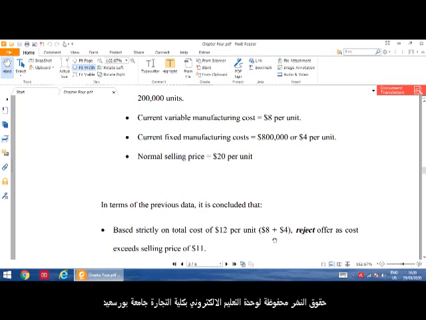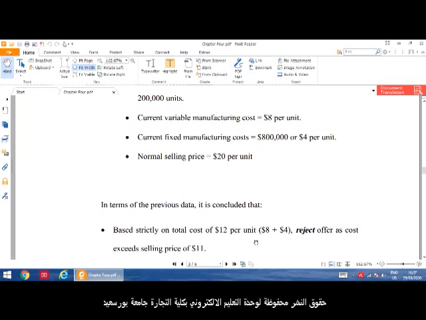On the other hand, the special selling price is $11. So obviously we have to reject this offer because cost is $12, $8 variable cost and $4 fixed cost.